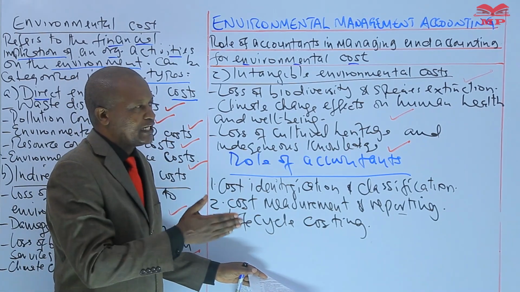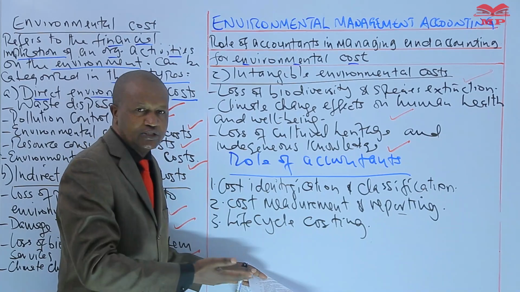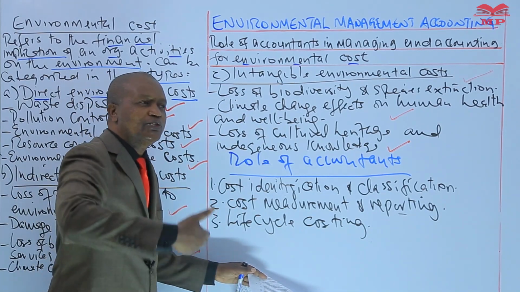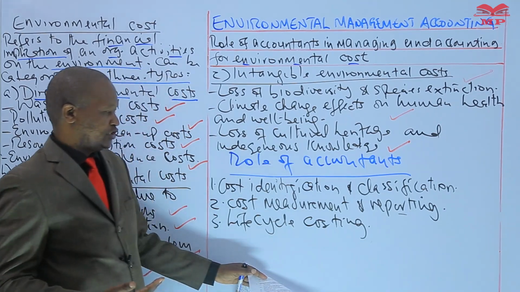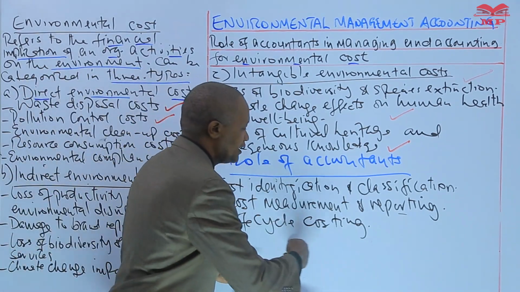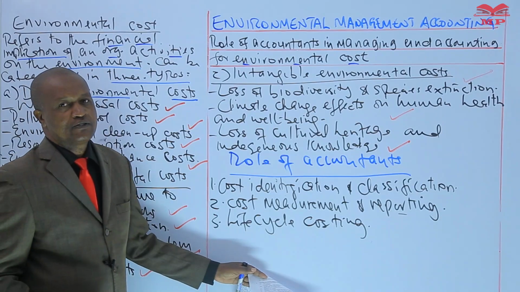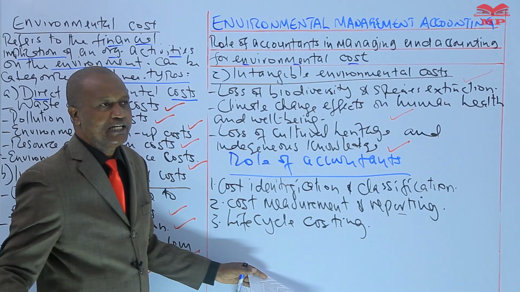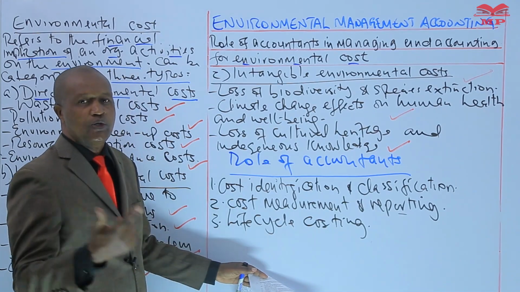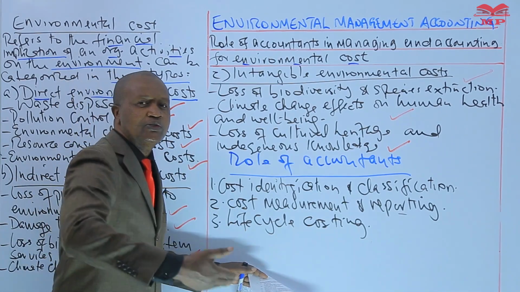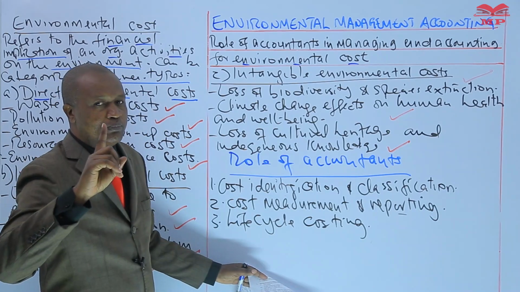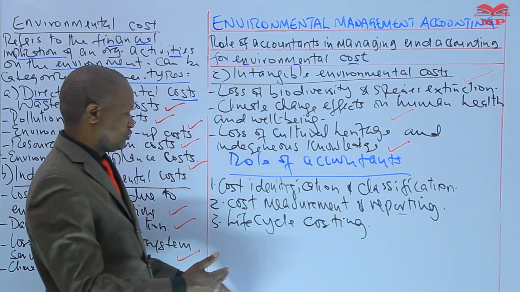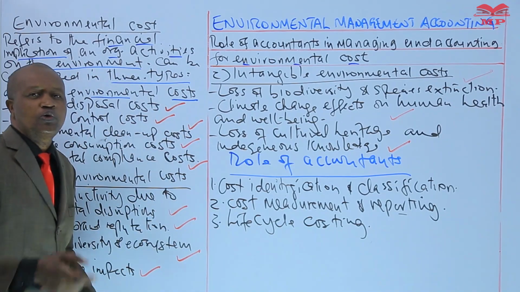And at each stage, the accountants consider the environmental implications of such activities. We are talking about life cycle costing. That is the work of accountants, utilizing life cycle costing methods to evaluate the environmental impact of products or even processes throughout their life cycle.